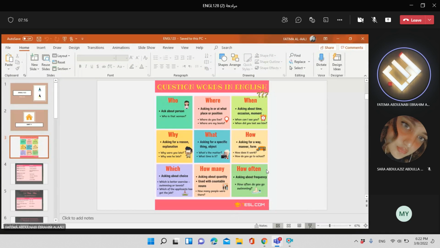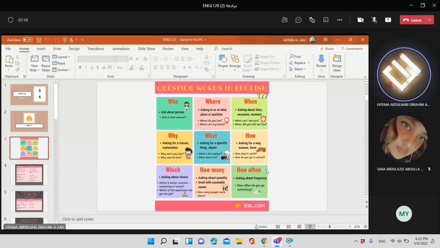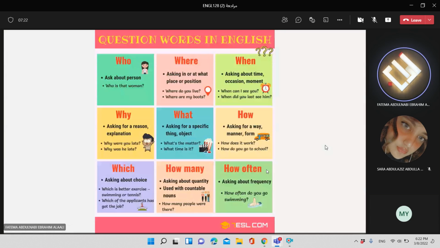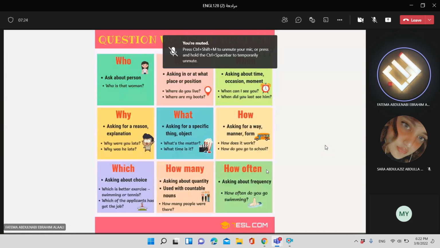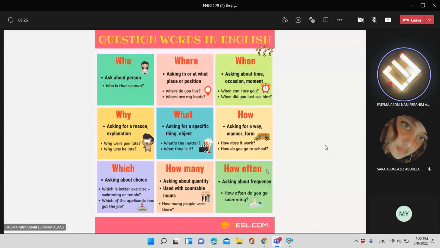So we have to know each word and the uses of each word, like the word who. We use it for persons or people. Where, we use it for places. When, we use it for time.